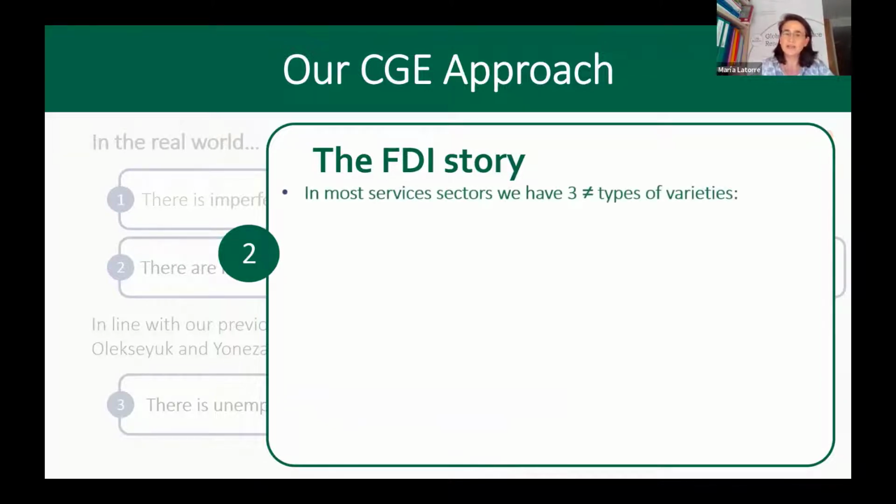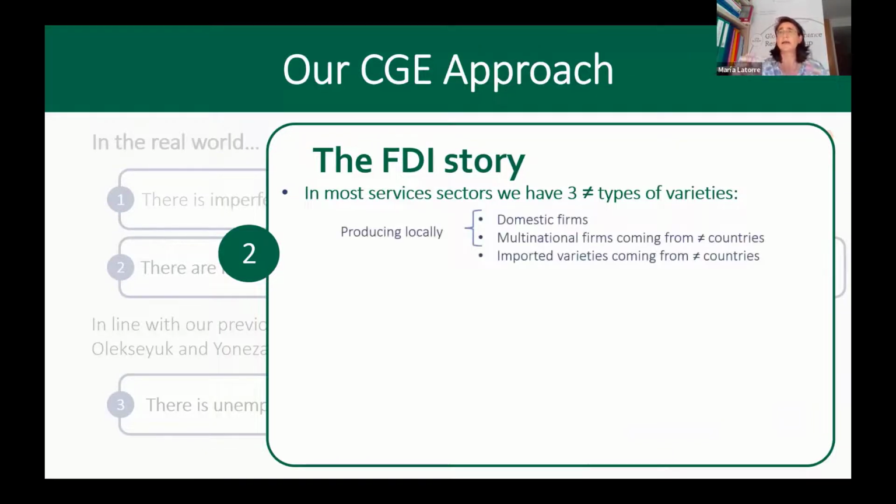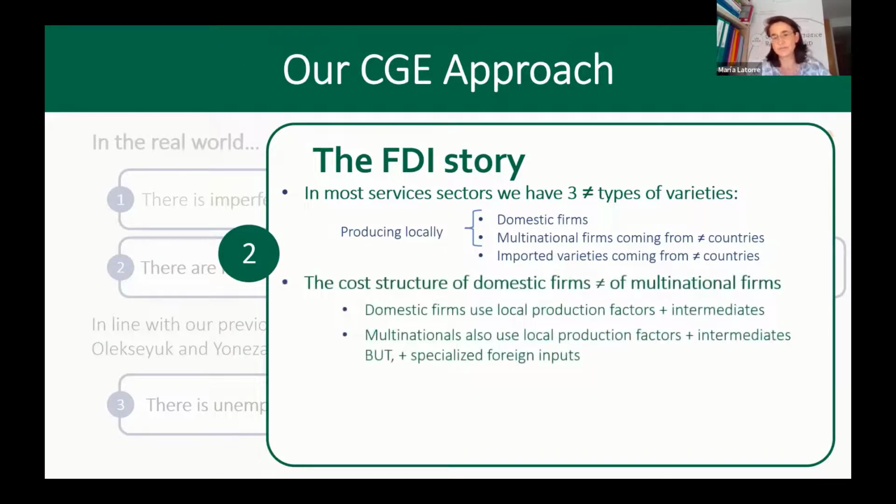And regarding the FDI story, we have services sectors that have 3 types of products. The ones provided by domestic firms producing locally, the ones produced by multinational firms producing locally but coming from different countries, and also the imported varieties of services coming from different countries.